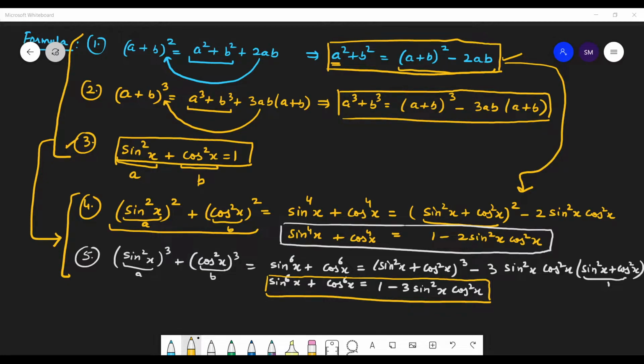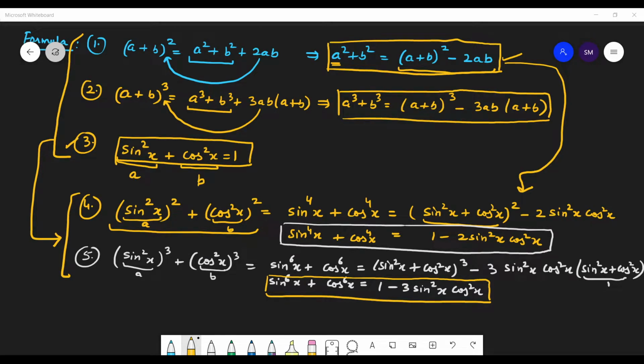Yes students, done this question? Let's see the solution. See, first of all, one more thing you need to know is the 10 values. 0, 30 degree, 45 degree, 60 degree, 90 degree.